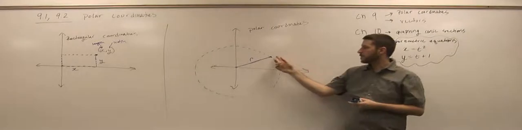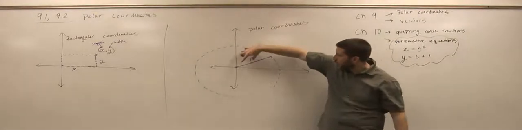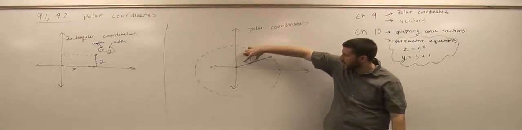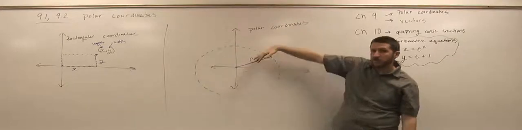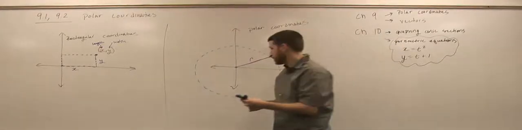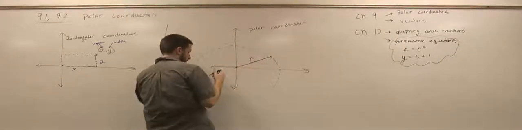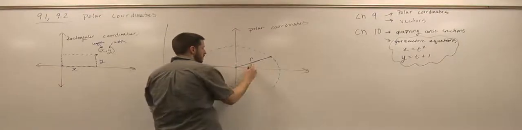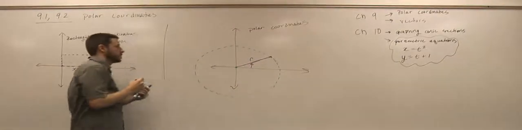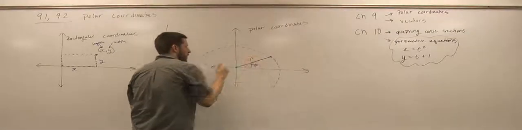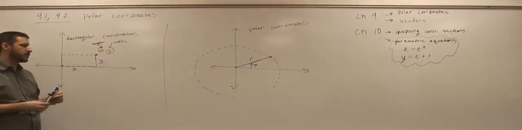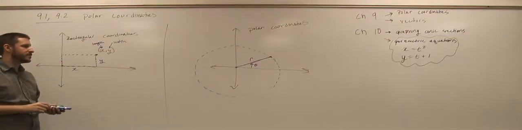So then to describe a point, you say, well, what radius circle is it on? And what angle have you gone from the positive x-axis? So this we'll call theta, the angle made with the positive x-axis.